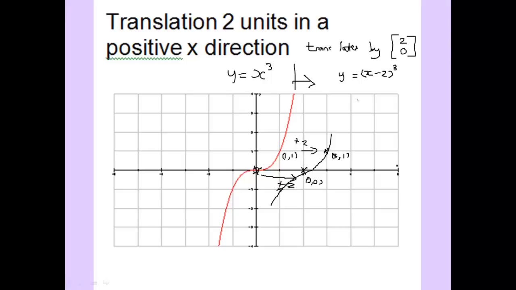And if you try different X values in here, you'll see that it would be 1 cubed to give us the 1 here, but here it needs to be 3 minus 2 cubed to give us the Y result of 1. So that's why X needs to be 3. At this point here where it's 2, 0, 0 cubed gives us Y as 0 here, but X would need to be 2 minus 2 to get the result 0.